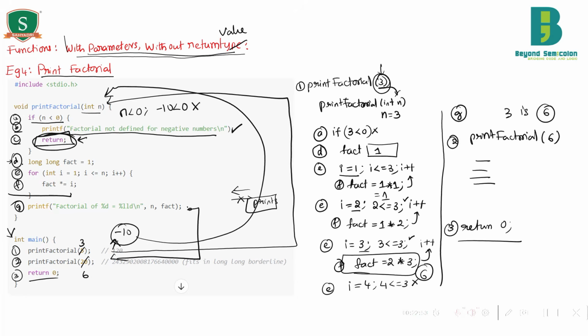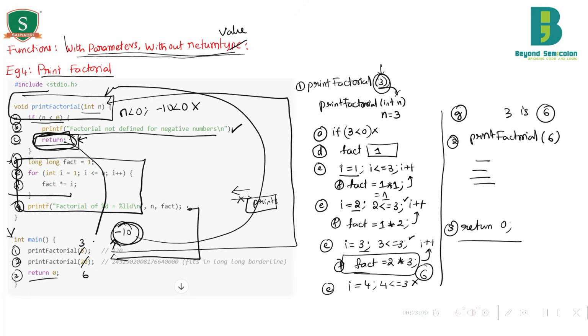Return means you don't want these statements to be executed when user is passing a negative value. So it returns. That means it comes out of the function without returning any value. It just says return. Come back to the second statement if at all the first statement is -10, right? So this is all about the function with parameters and without return value.